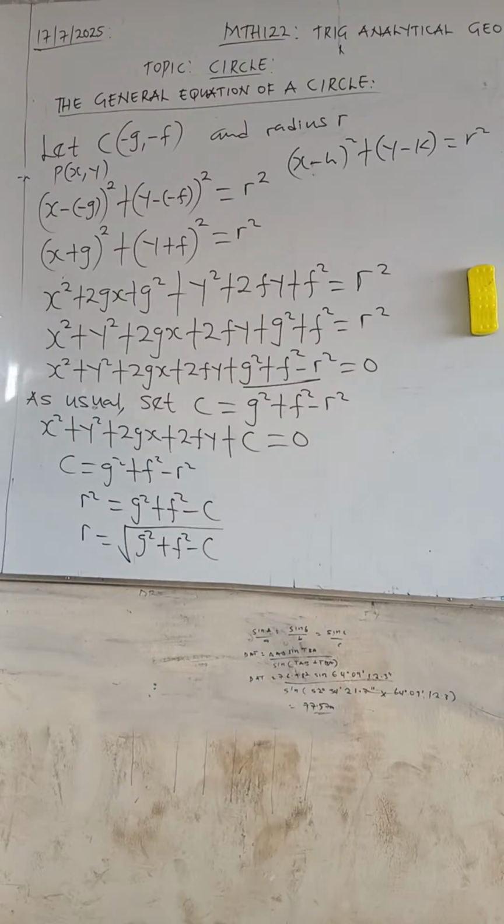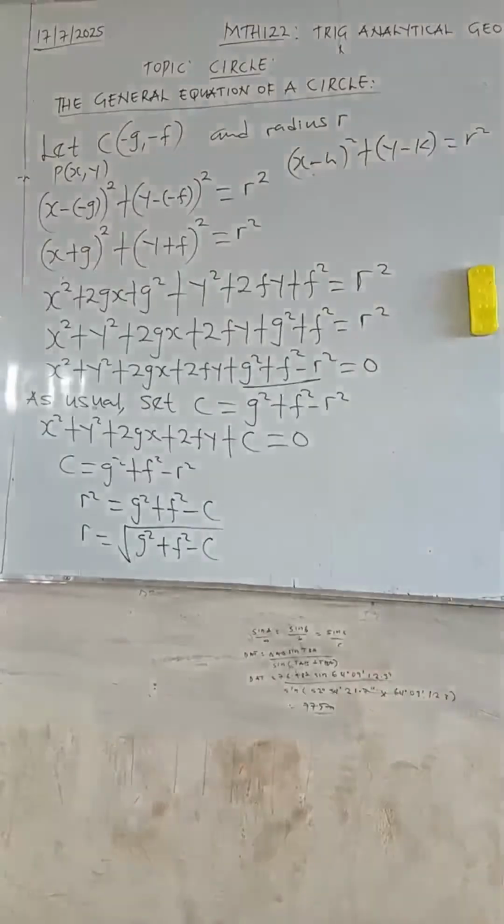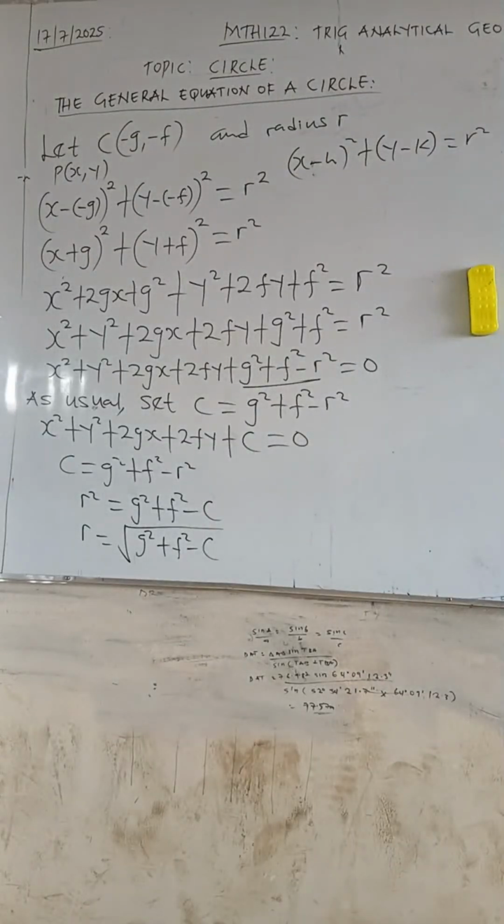So write down the radius. Any question? Do you have any question? No question, right? So let's consider some examples.